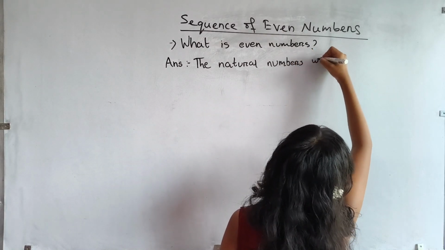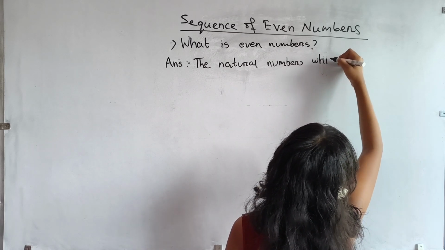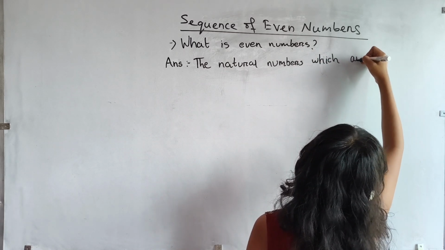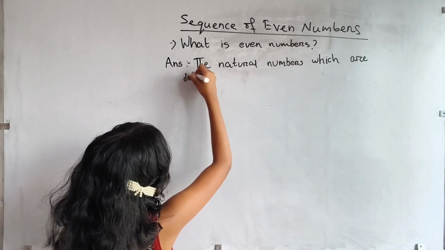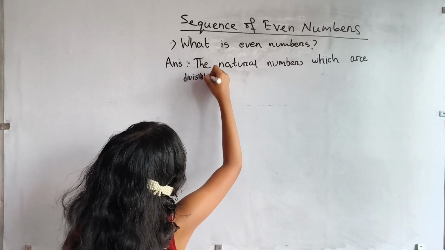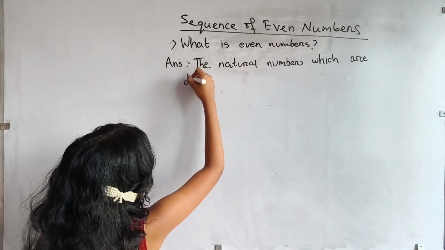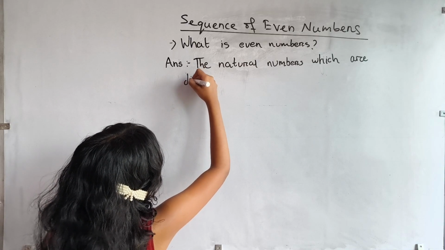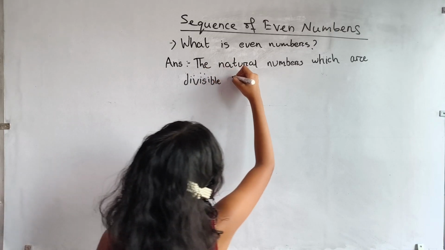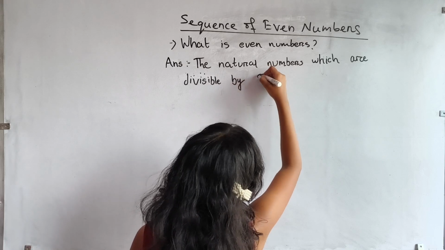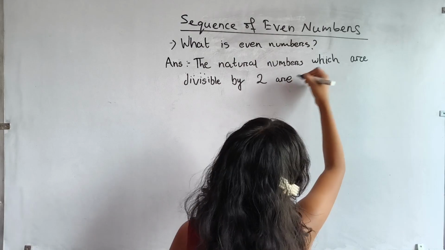Natural numbers which are divisible by 2 are even numbers.